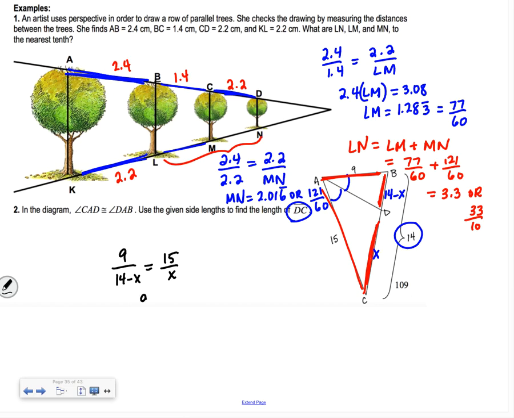And then we're able to cross multiply. So I have 9x equals 15 multiplied by the quantity of 14 minus x. And I distribute. I do my 15 times my 14, which is 210. I add my 15x over, so I get 24x equals 210. So I take that 210 and I divide by 24.